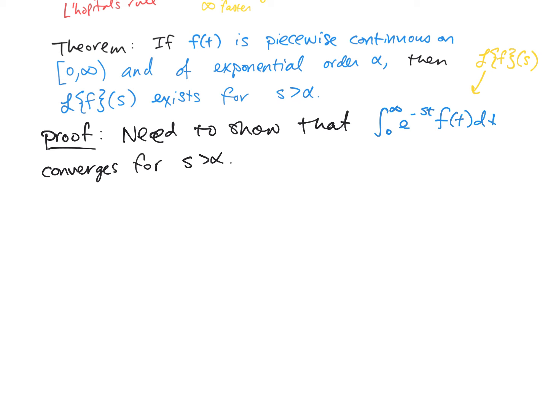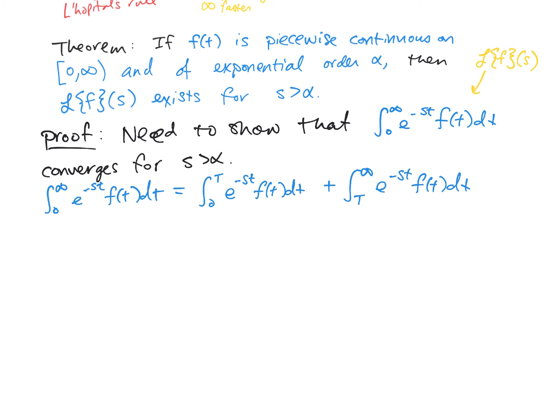We know it is of exponential order, so we know that it's bounded after some big T. So let's break up our integral into before T and after T. And this T is taken from the fact that f is of exponential order.